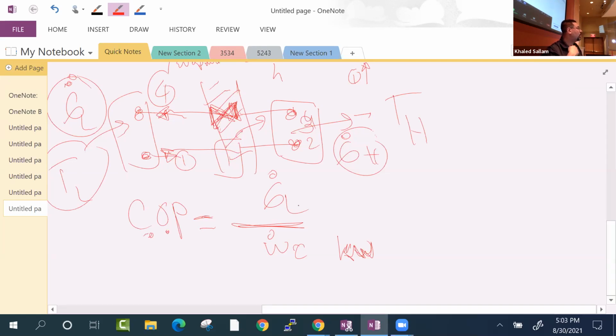The 100-degree is our house or our water heater or whatever heating place we want to heat. And the 70-degree is not our room. No, the 70-degree is the ambient. So you're going to take heat from the 70-degree ambient and you want to heat the water tank to 100-degree so that you can take your shower.